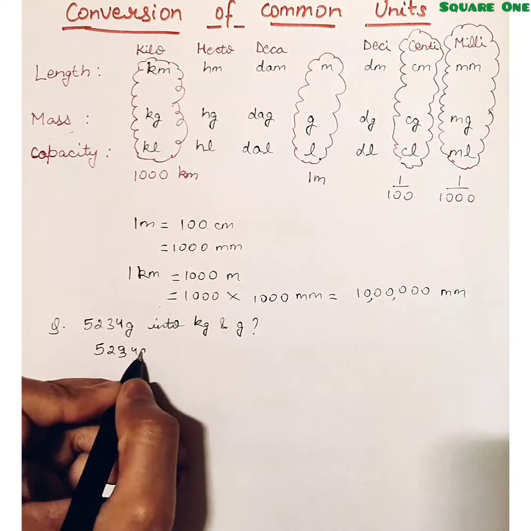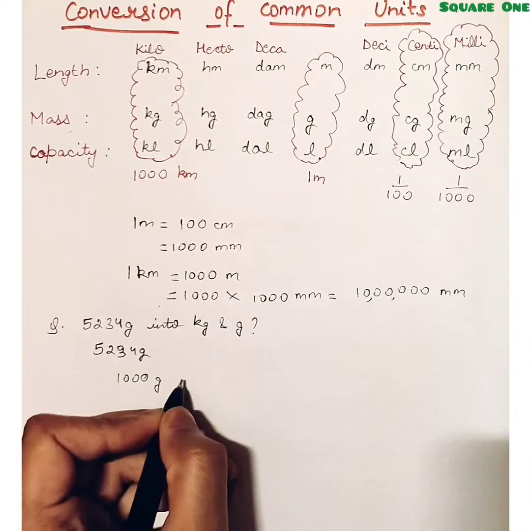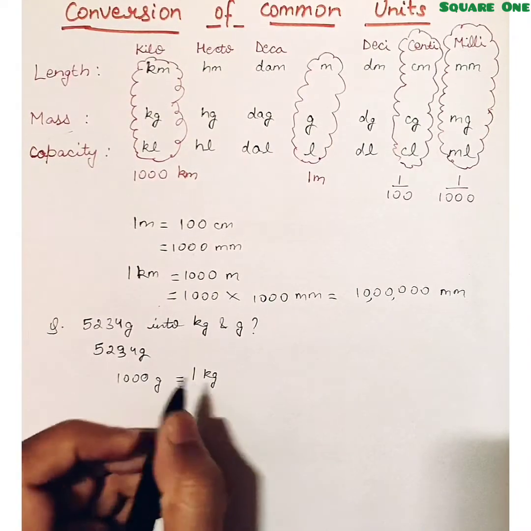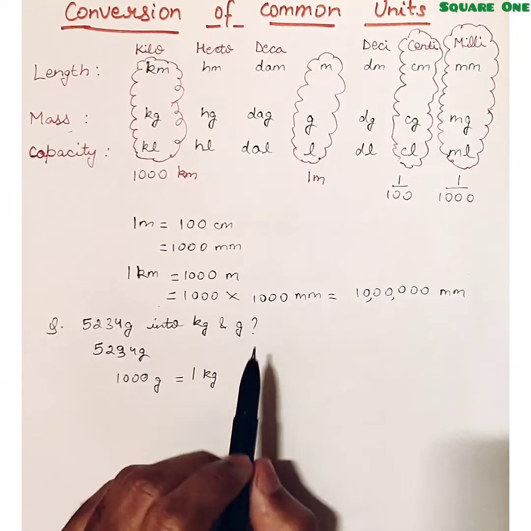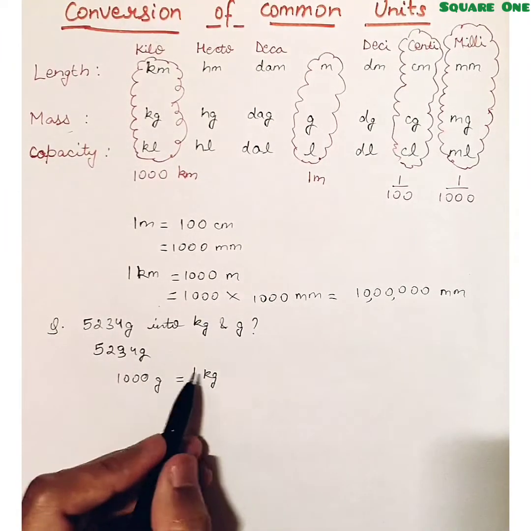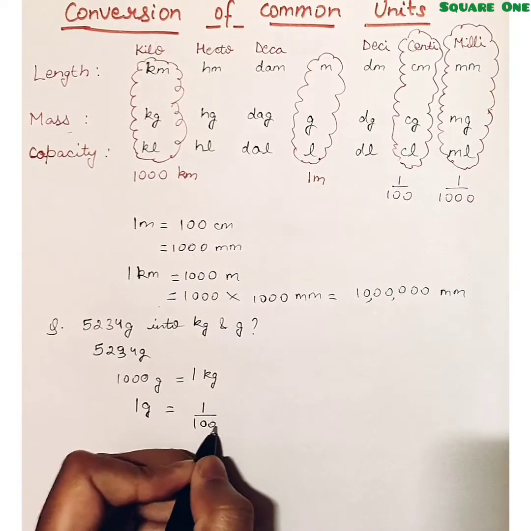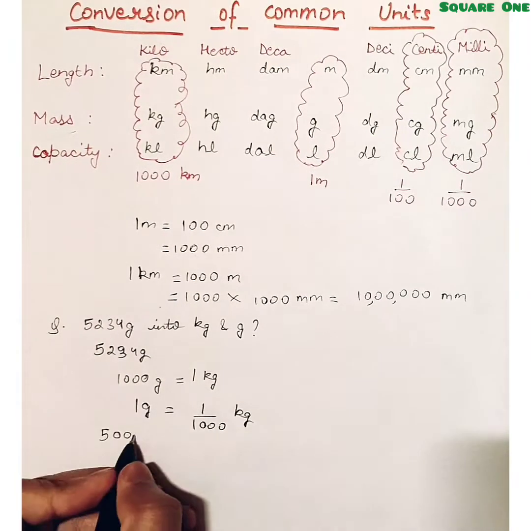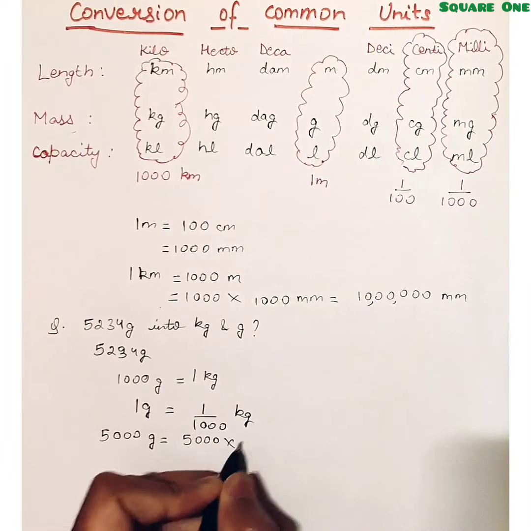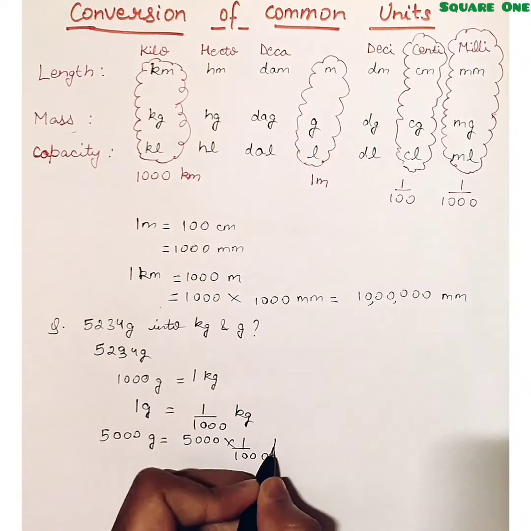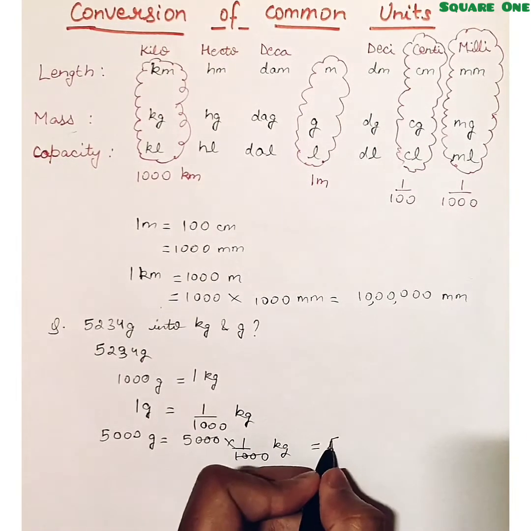Now 5234 gram. I know that 1000 gram makes up 1 kilogram. If I use gram instead of meter, 1000 gram makes up 1 kilogram, then 1 gram makes up 1 upon 1000 kilogram, then 5000 grams will make up 5000 into 1 upon 1000 kilogram, which is 5 kilogram.